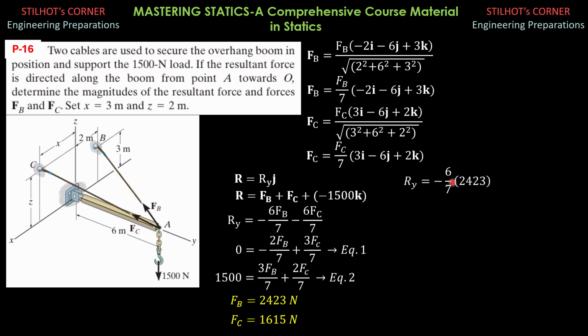So Ry is negative 6 over 7 times 2423, then negative 6 over 7 times 1615, and that is equal to negative 3461 newtons, because the magnitude of R is the square root of Rx squared, 0 squared, plus Ry squared, 3461 squared, plus Rz squared, 0 squared. So the magnitude of R is 3461 newtons.